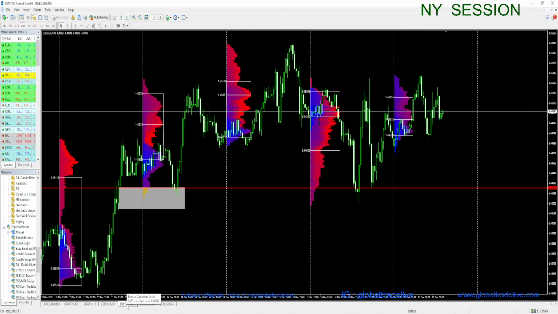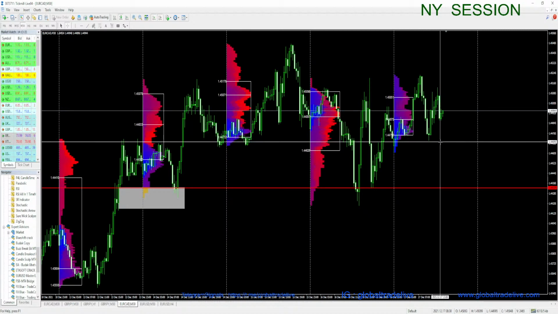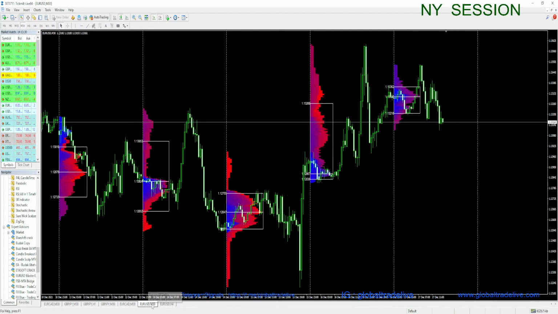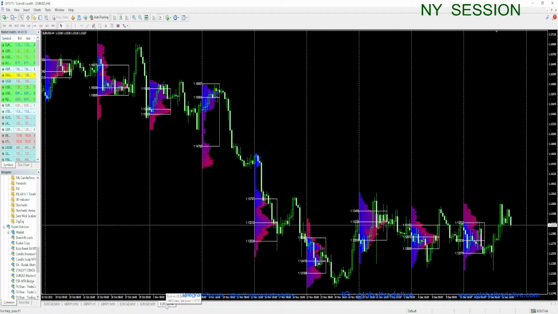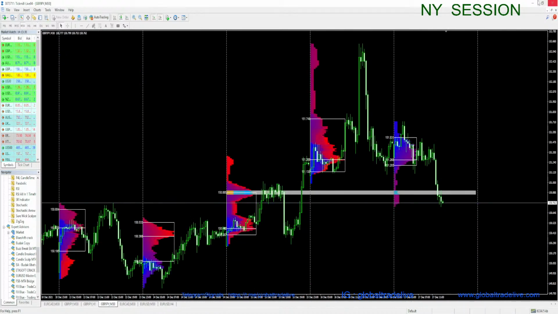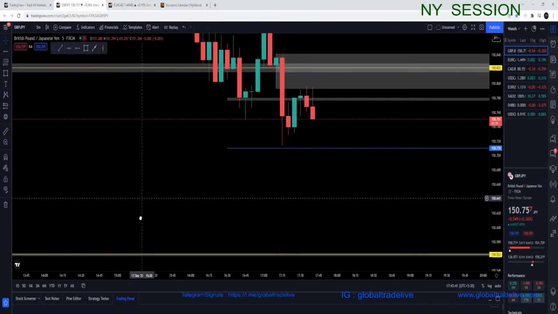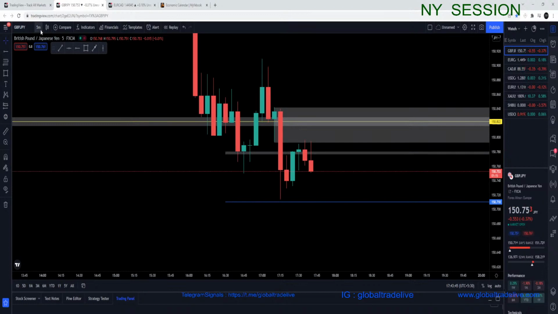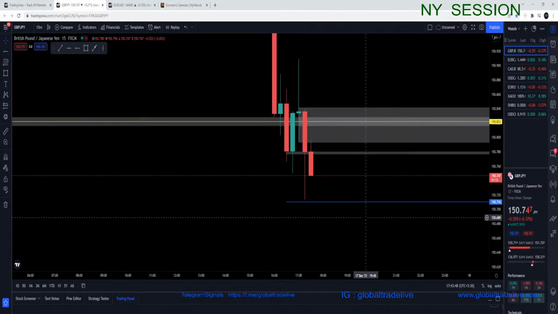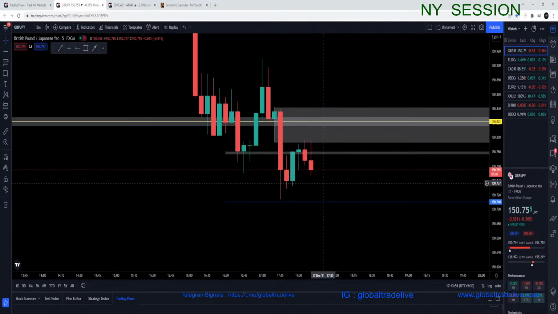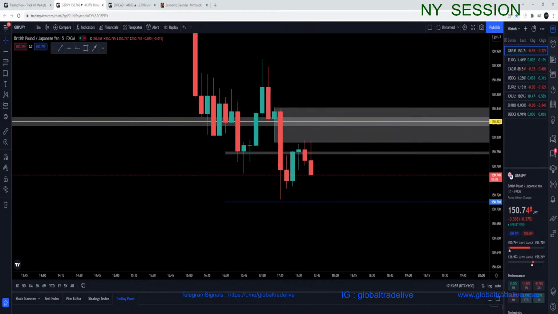EuroCAD is just struggling at this point. $15 is about to close in 2 minutes. And just 1 minute left for the current 5-minute candle to close.